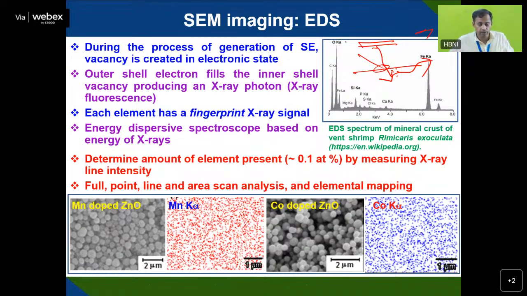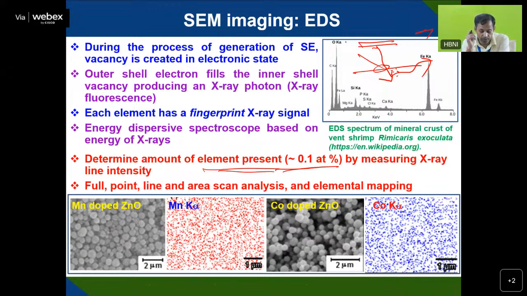So energy dispersive spectroscopy is based mainly on the energy of the X-ray. Depending upon the energy of that particular X-ray, each element can be identified, which is the exact specialty of scanning electron microscopy. It can determine the amount of an element present down to 0.1 atom percent. So at very, very low concentration, you are able to get this information by measuring X-ray line intensity.